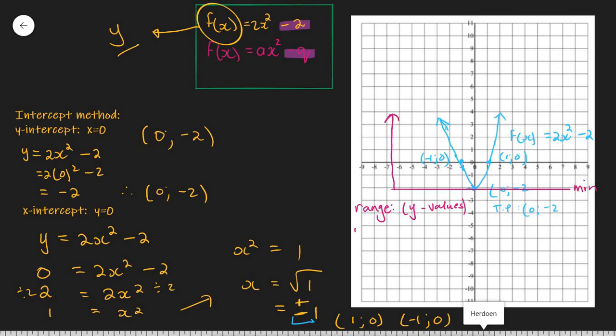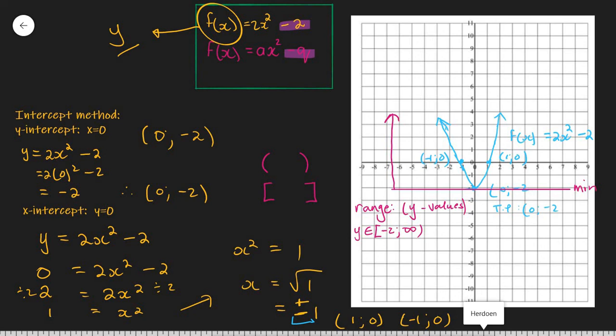I can write y is an element of, and remember, these square brackets mean include, so it includes the value of -2, but it excludes the value of infinity.